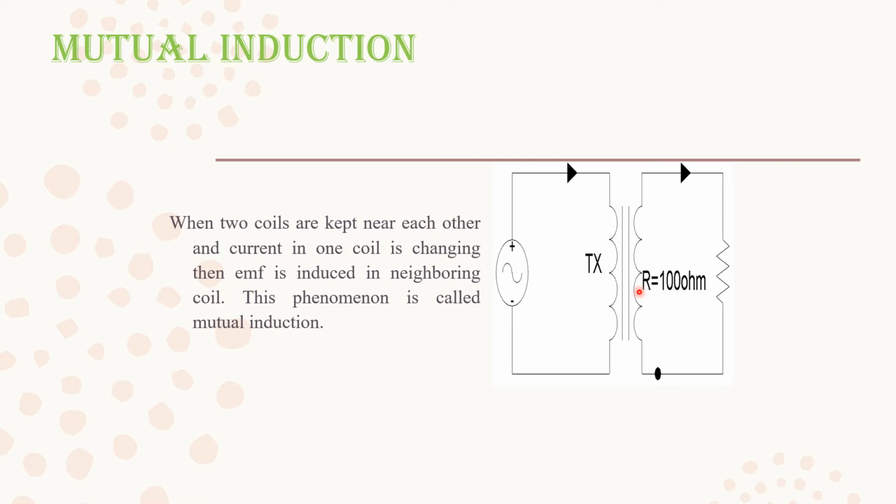This phenomenon is called mutual induction. So how can we say? When two coils are kept near each other and current in one coil is changing, then EMF is induced in the neighboring coil. This phenomenon is called mutual induction.